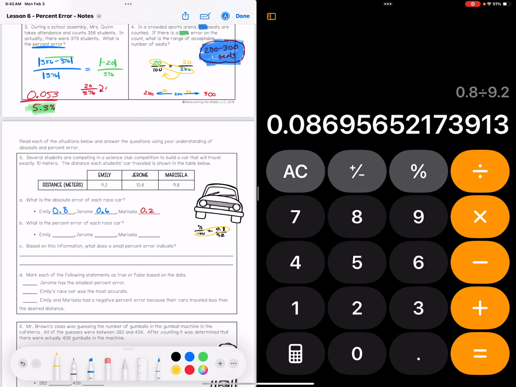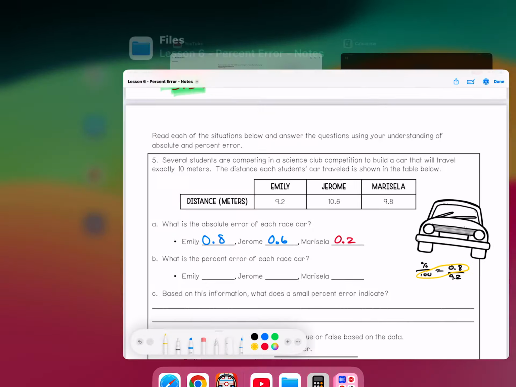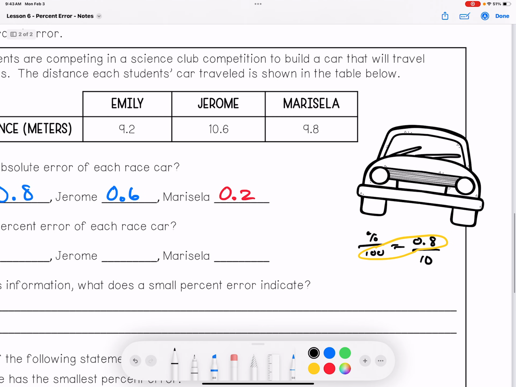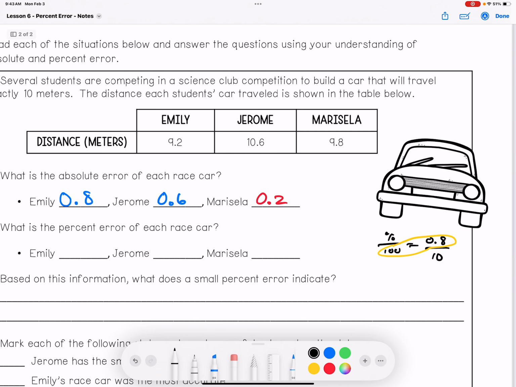That's supposed to be 10, not 9.2. Coach Bartman screwed that up. The answer was 0.8. Now you would have gotten, when you did all that, 8%.